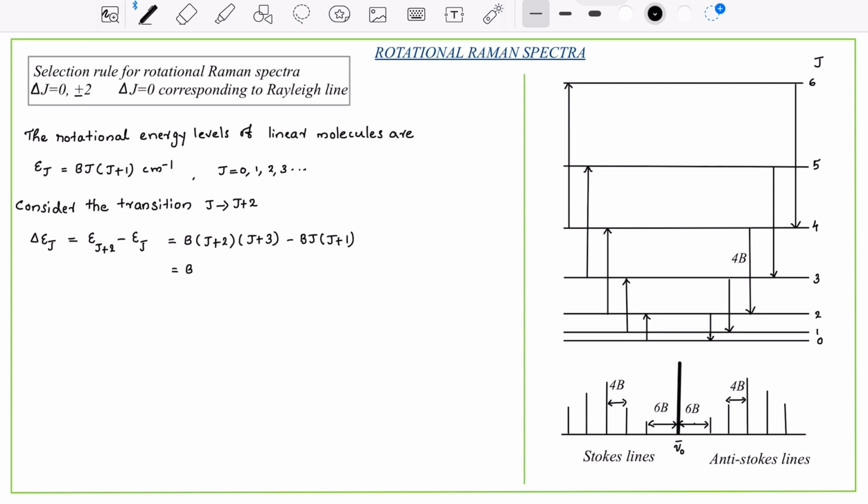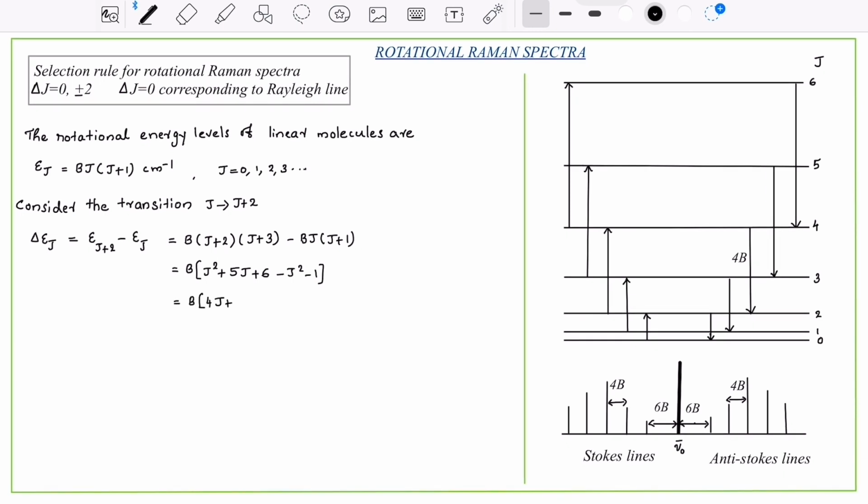That is B times (J² + 5J + 6 − J² − J), that is equal to B(4J + 6).